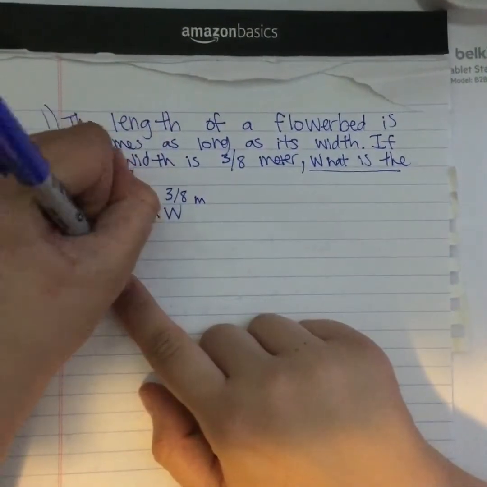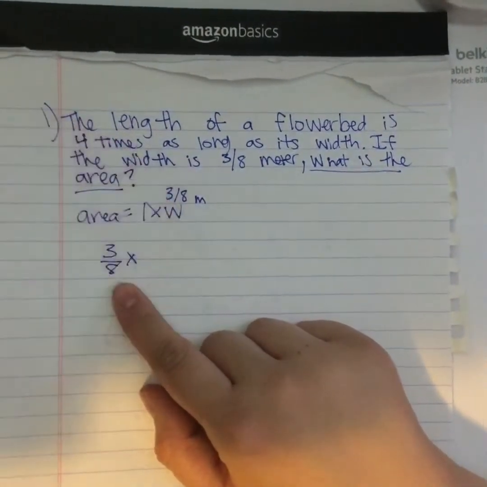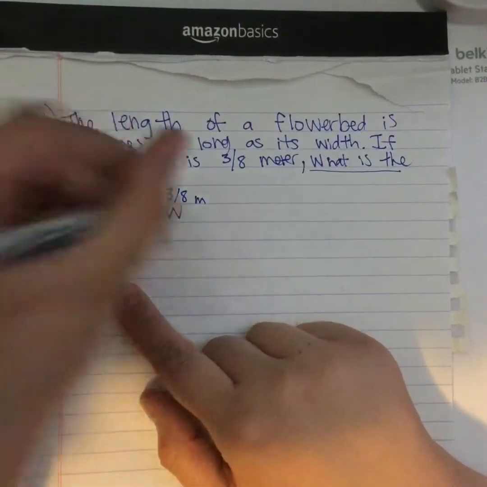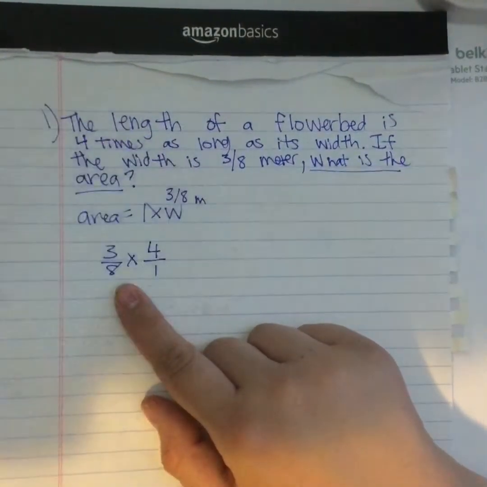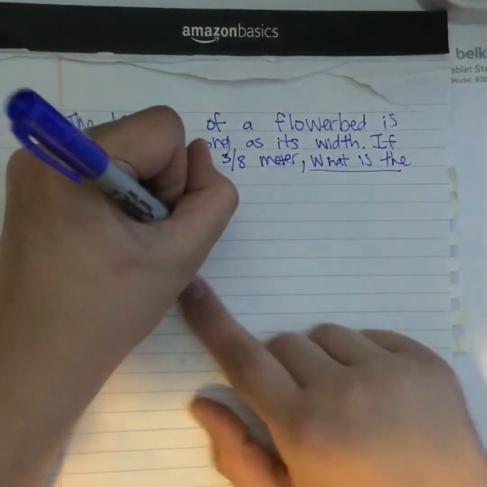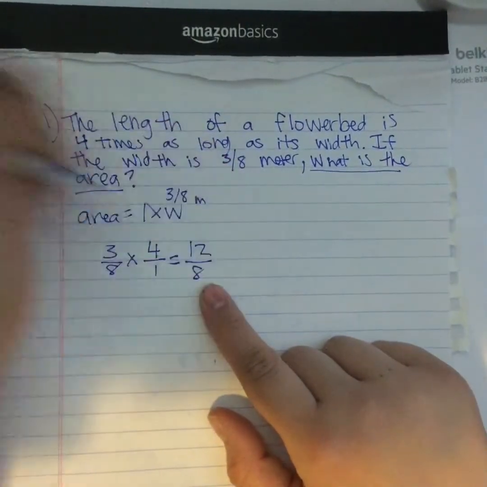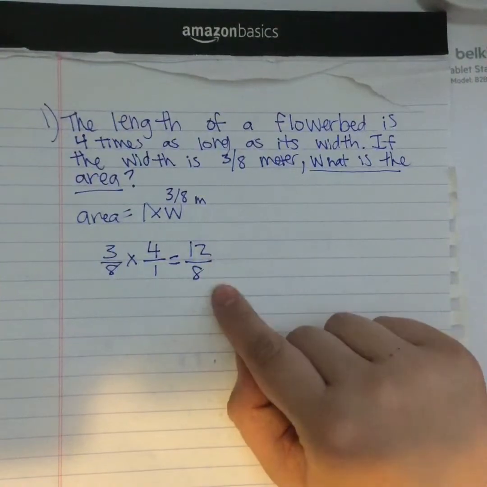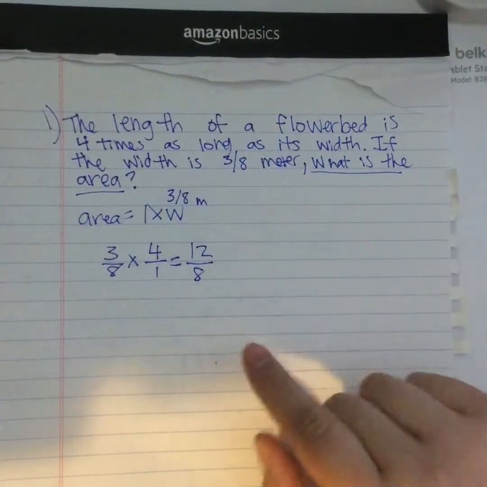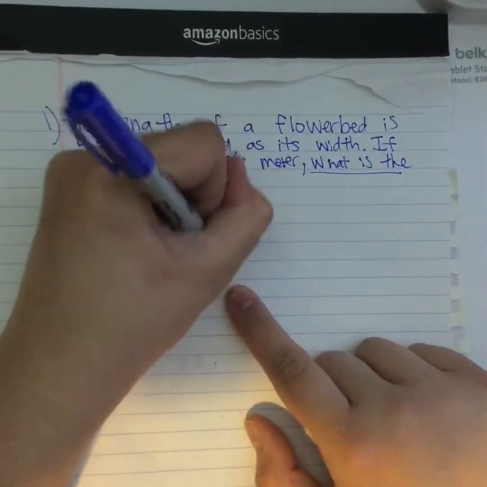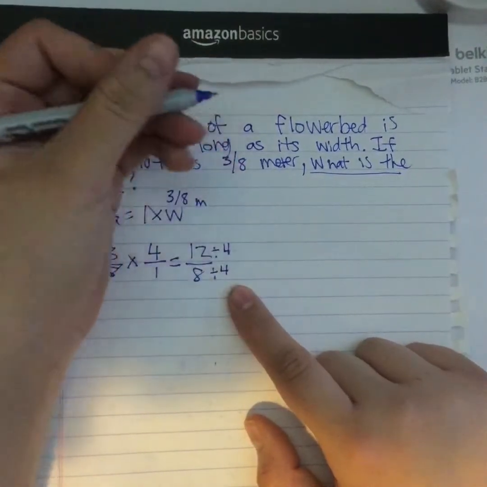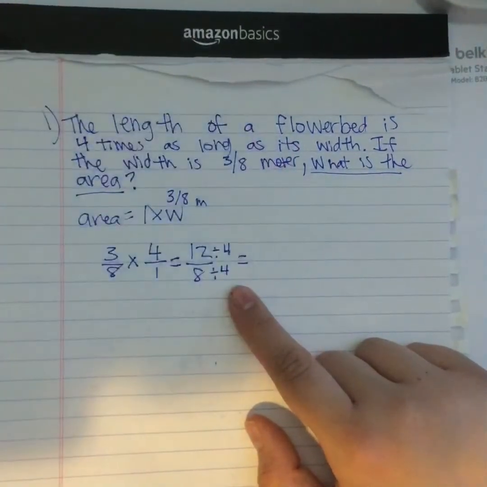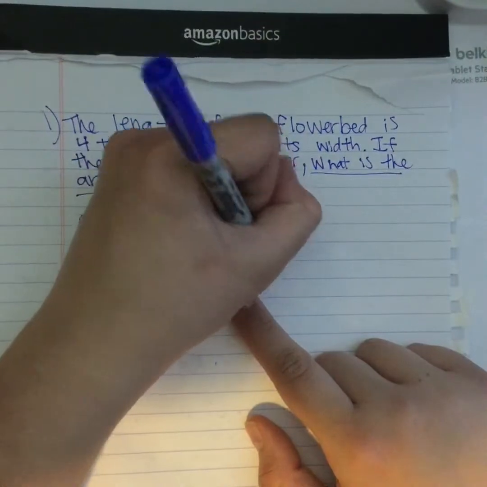So we've got 3/8, and we're multiplying that times 4. 4 written as a fraction looks like 4 over 1. We end up getting 12 over 8 for our fraction. Notice anything about these? They can both be divided by 4 to create an equivalent fraction of 3/2.